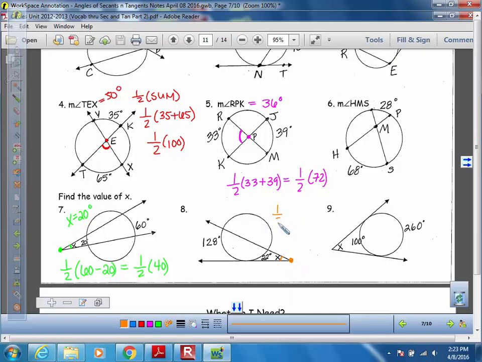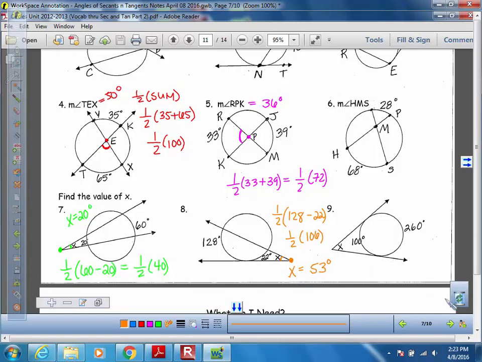So we would do 1/2 times, we always do biggest minus smallest, so 128 minus 22. So 128 minus 22 gives me 106. And if we half 106, my x is going to equal 53.